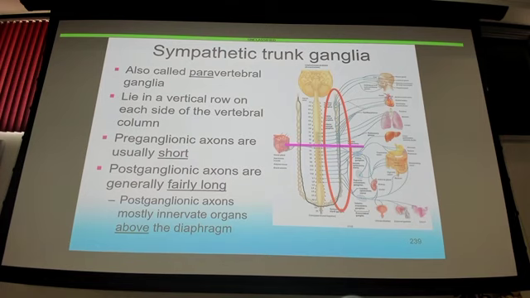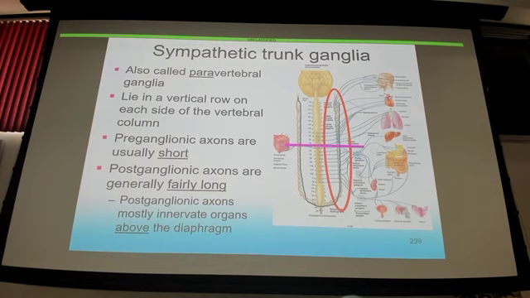The sympathetic trunk ganglia, if you were to pick up a vertebrae, the vertebrae has transverse processes. There's a process on each side. If you look at a cadaver, you would see these little circle-looking areas, ganglion, full of cell bodies, right? And they're found right here.